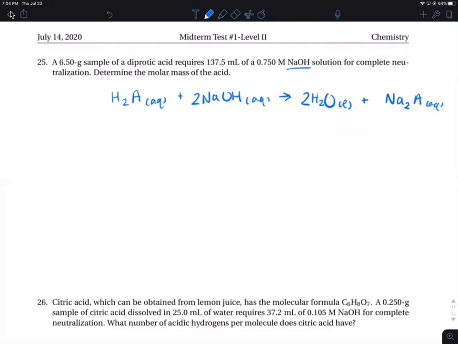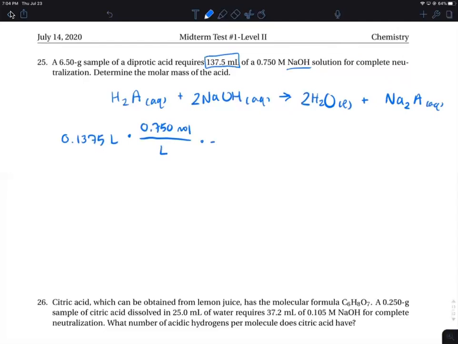All right, so now we can find the moles of H2A, this diprotic acid that we don't know yet. Let's start out with what we have. Convert milliliters into liters, and we get 0.1375 liters. Multiply that by the molarity, 0.750 moles per liter.